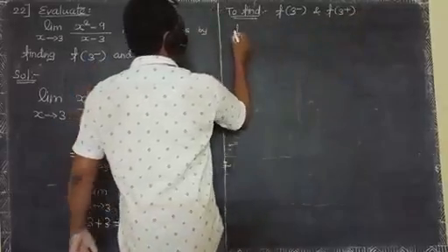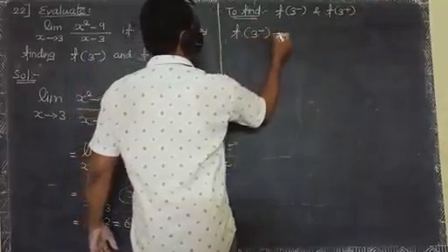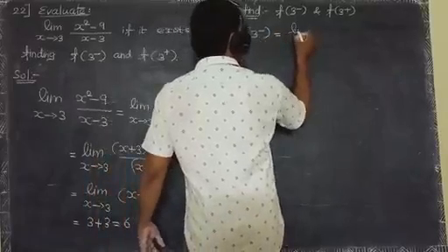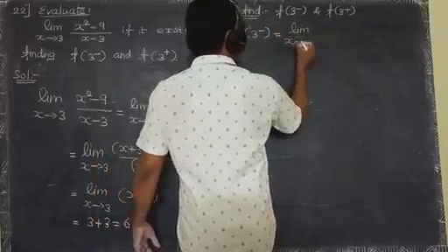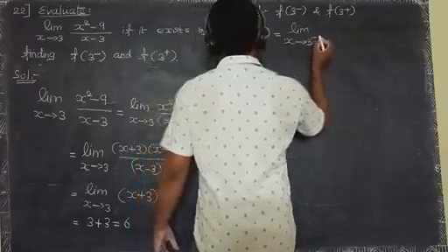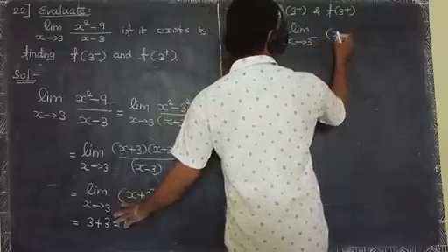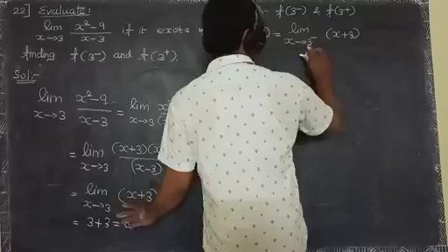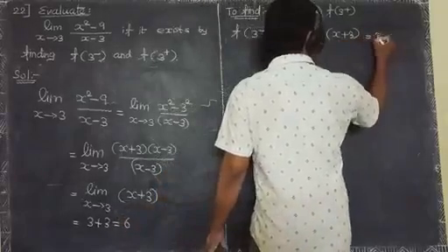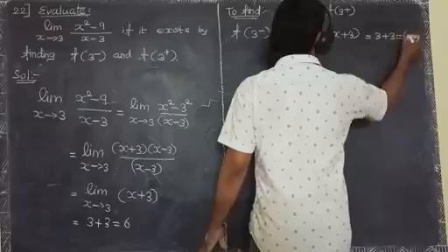Here f(3-) can be written as the limit as x approaches 3 from the left of f(x), where the function is x plus 3. Substitute x equal to 3: 3 plus 3, which is equal to 6.